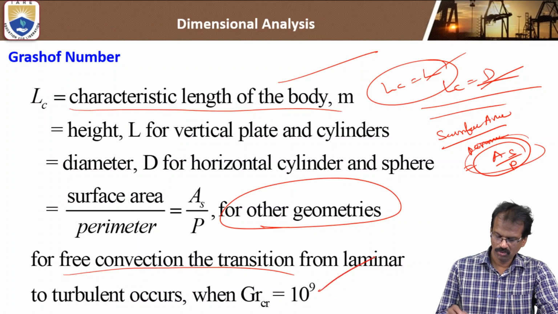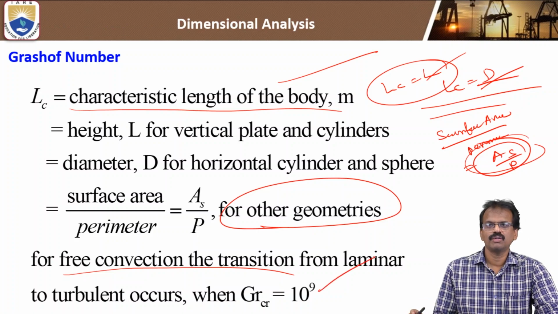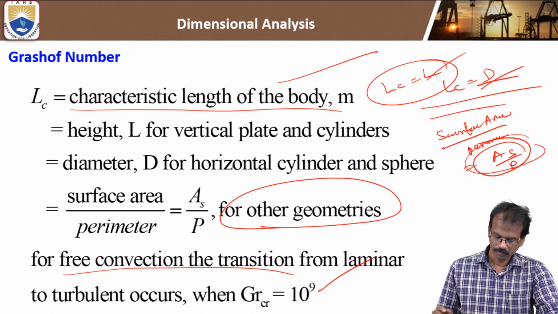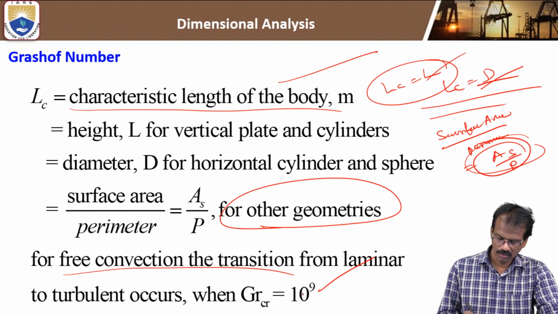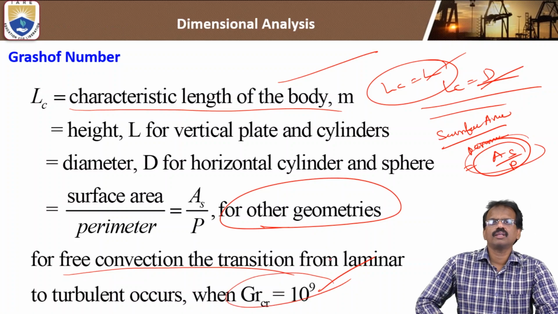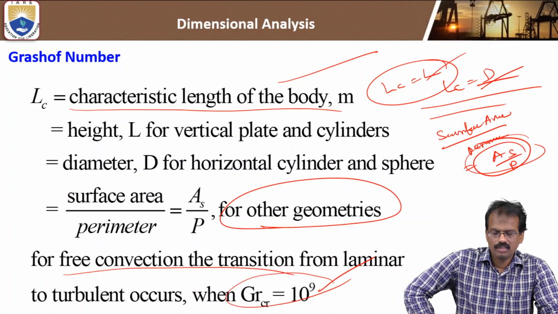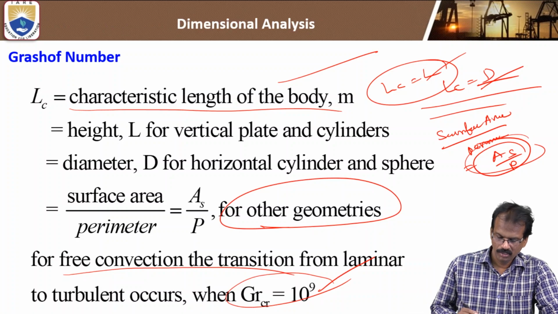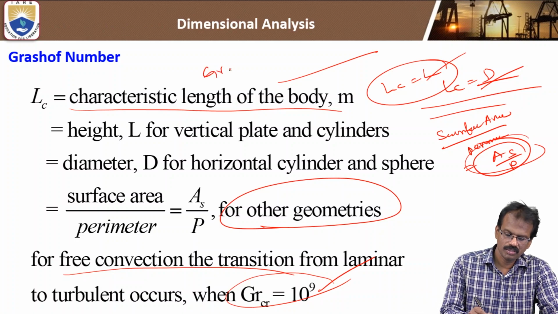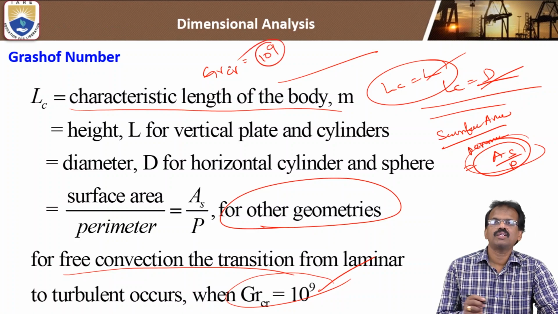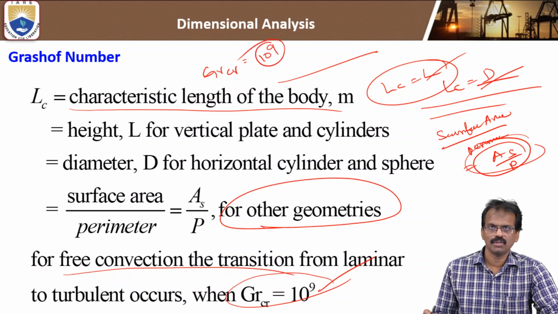Here also, similar to Reynolds number, you can identify the flow of the fluid, whether it is turbulent or laminar. So this shows the Grashof number. The critical Grashof number GR critical is equal to 10 to the power of 9. Less than 10 to the power of 9 shows laminar flow.